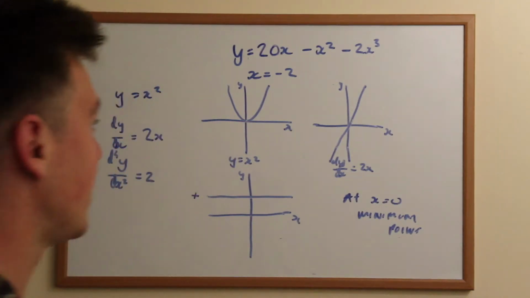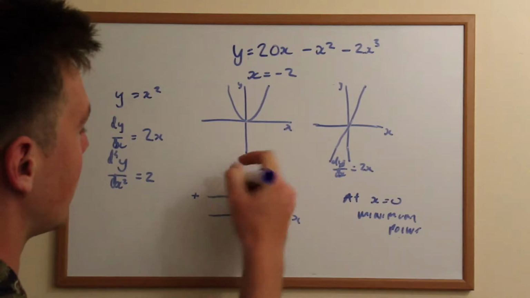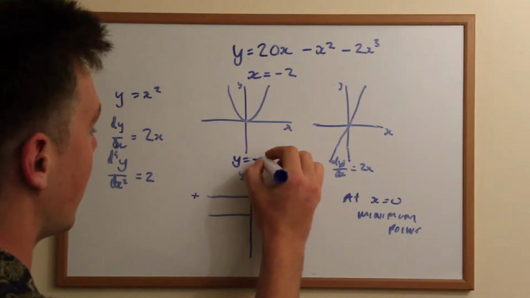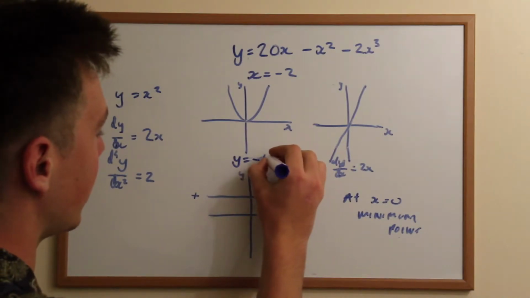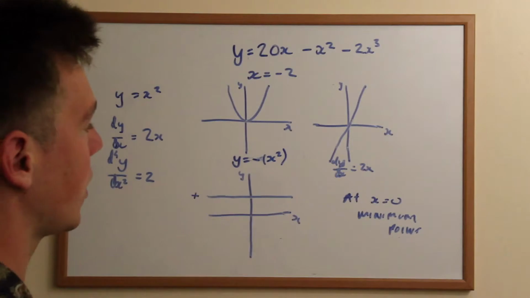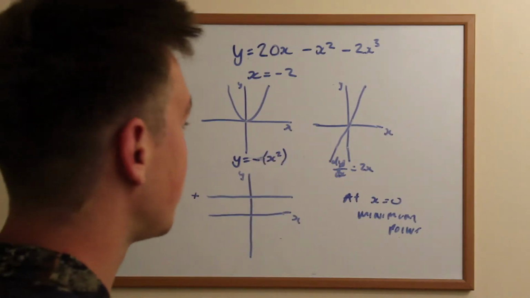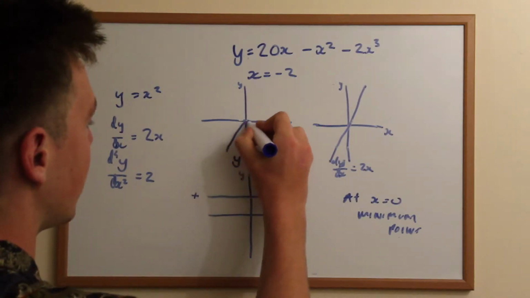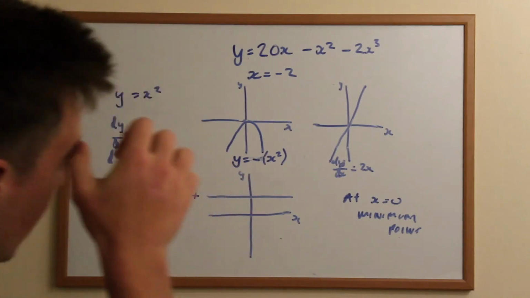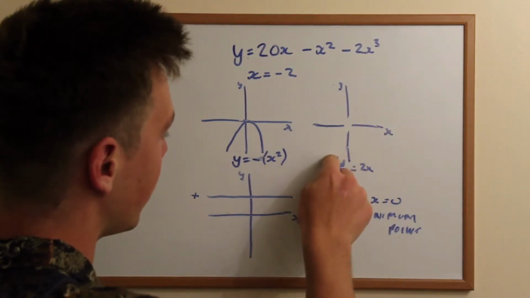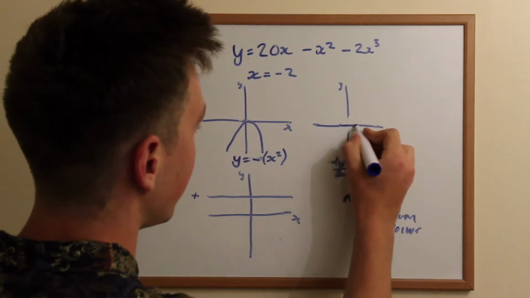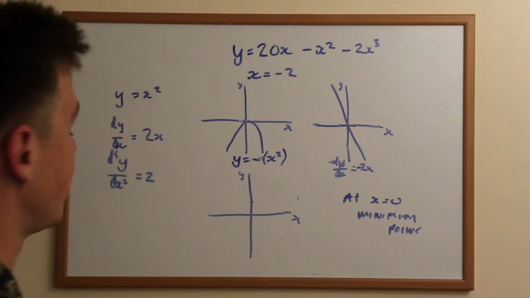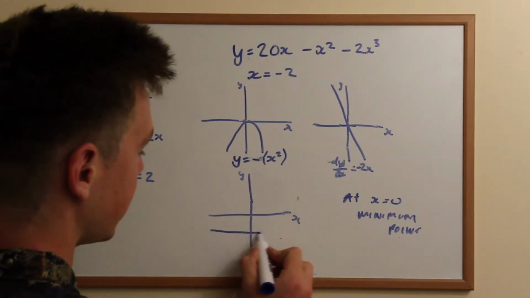Now, if it was the other way around, if you had y equals negative x squared, be careful here, because you can kind of put it in brackets, you would have a curve that is like this, and therefore dy by dx would equal negative 2x. So d2y by dx squared would become negative 2.